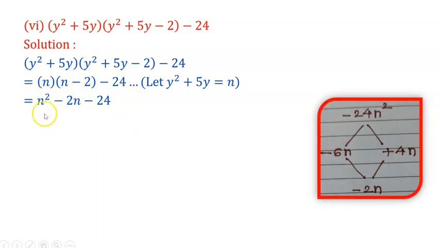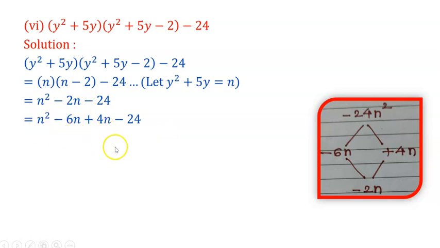Now again the product of the first term and the last term is -24n². The middle term is -2n. Now find the two numbers such that their sum is -2n and the product is -24n². The required numbers are -6n and +4n. Okay, now replace -2n by -6n + 4n.